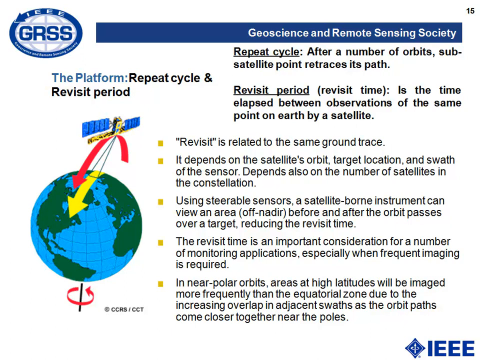The repeat cycle is when, after a number of orbits, the subsatellite point retraces its path, while the revisit period or revisit time is the time elapsed between observations of the same point on Earth by a satellite. So revisit is related to the same ground trace, and it's a key issue where frequent imaging or surveillance is required.